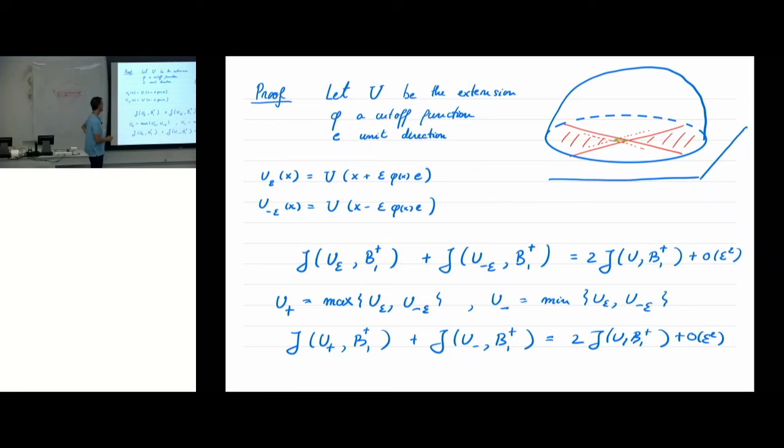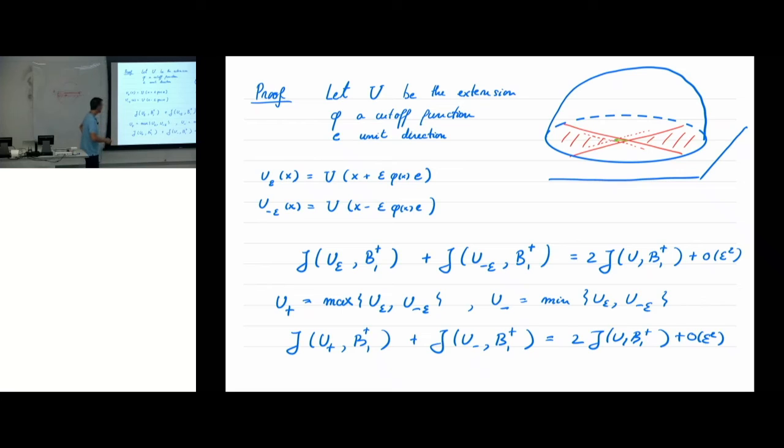Okay, and I ask by how much these translations change my energy. I claim that they only change it by epsilon squared. If I translate by epsilon, then the energy in the extended variable changes by epsilon squared. How do I see that?